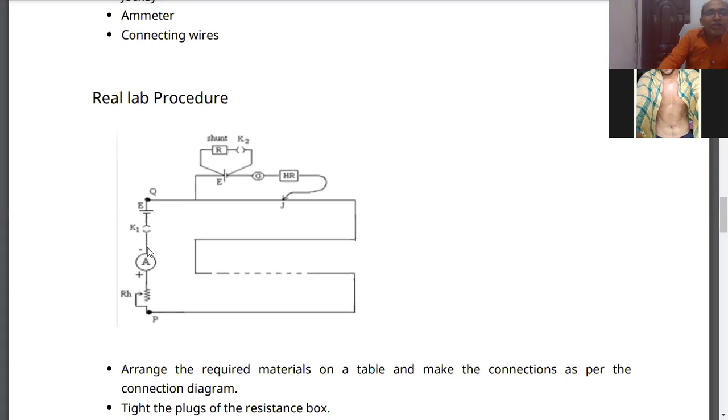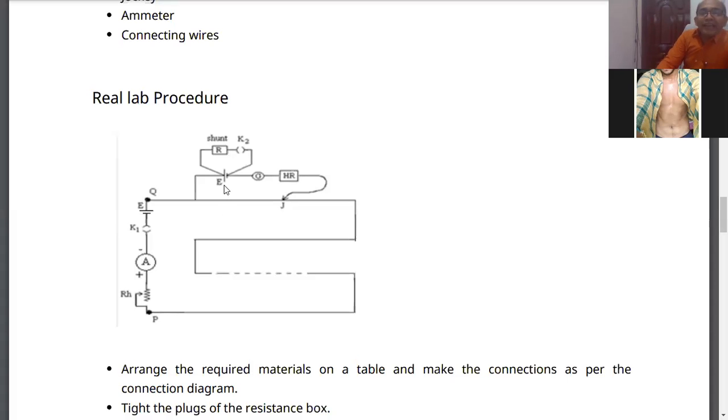The positive terminal of the ammeter is connected here, and the negative terminal of the ammeter is connected here with one terminal of the rheostat, and another terminal of the rheostat is connected with one terminal of the potentiometer. Now that's okay. This was the connection of the potentiometer.